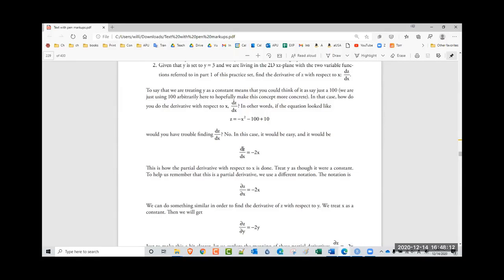We don't use this notation when we're doing partial derivatives; we use this notation just to let us remember that this is not just two variables, this is three-dimensional. So this just tells me that this is three-dimensional. And this tells me this is just two-dimensional.